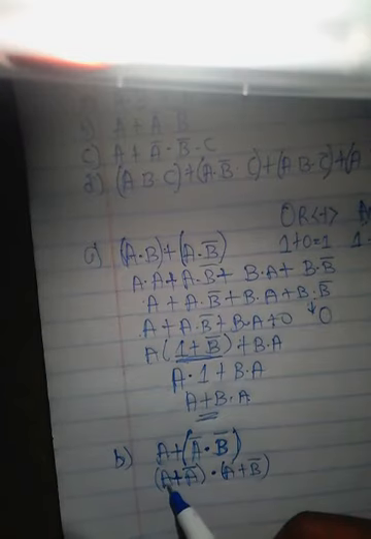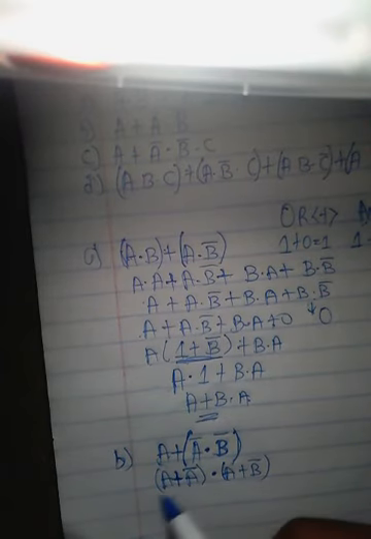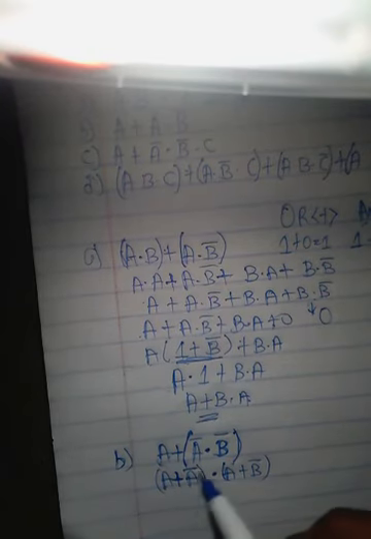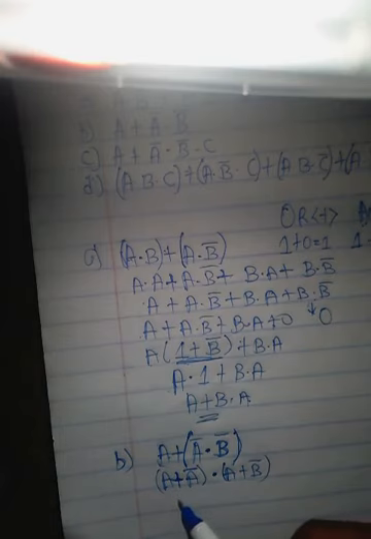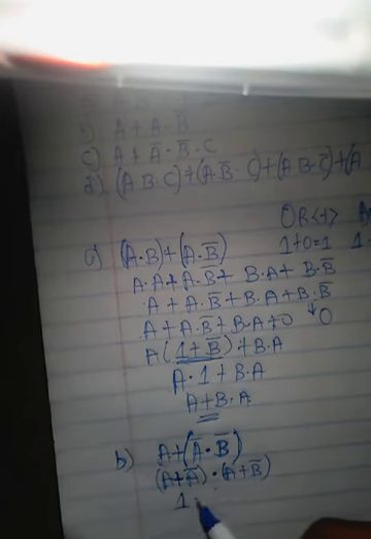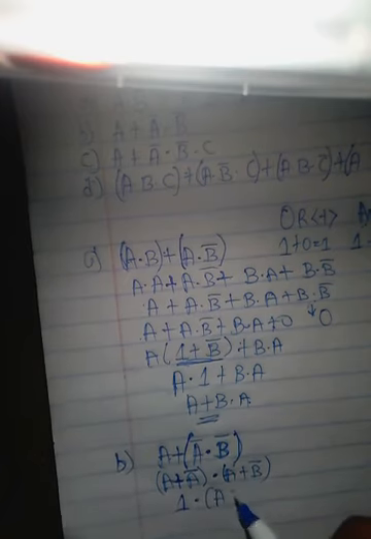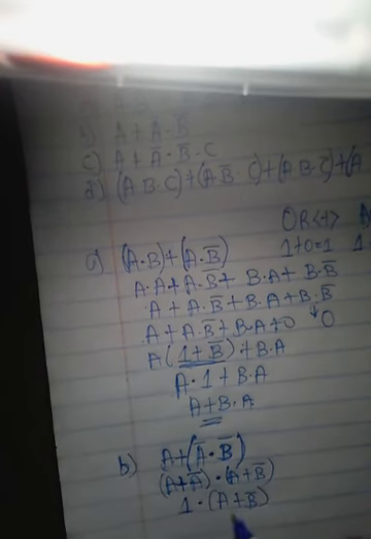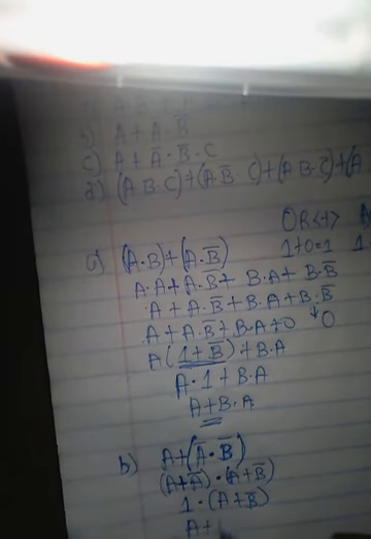We know that the law says that a plus the inverse of that variable would give us 1. So you have 1 multiplied by a plus b bar, which from the law will also give you 1. So that will be a plus b bar. So we've simplified this expression that way.